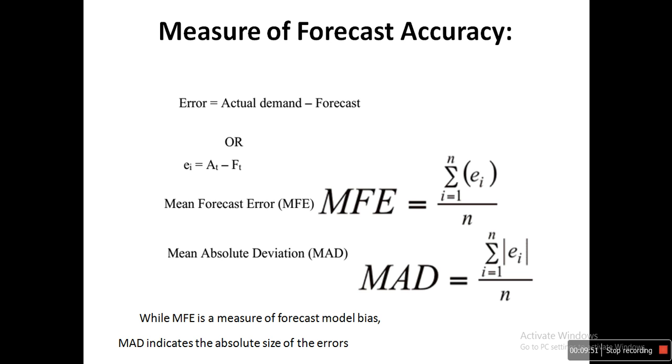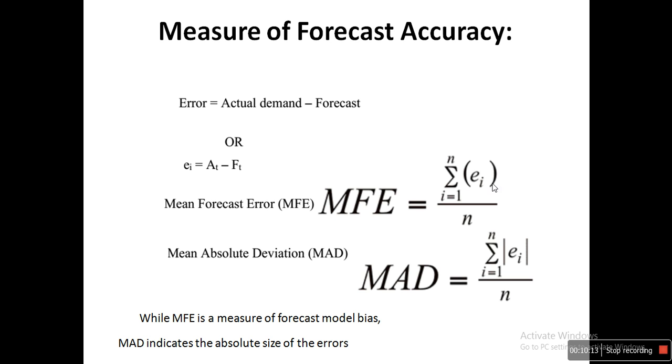And next, once after fitting, how could we measure the efficiency of the fitted model for ARIMA? As usual with regression, it is the actual minus the prediction, that is, actual demand minus forecast.